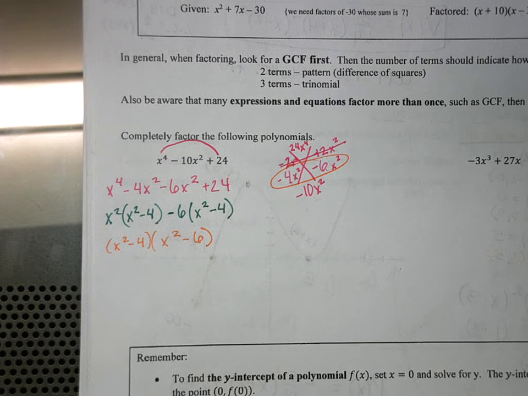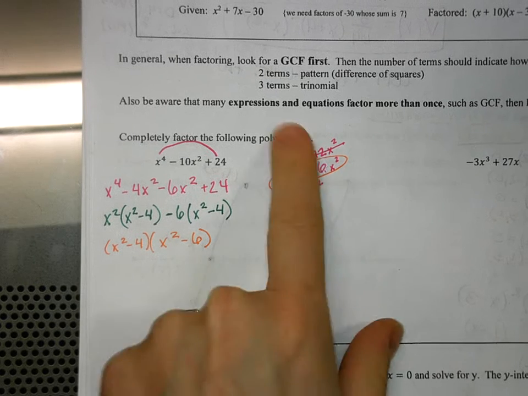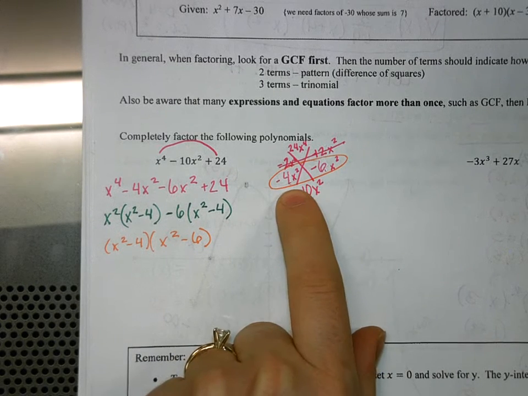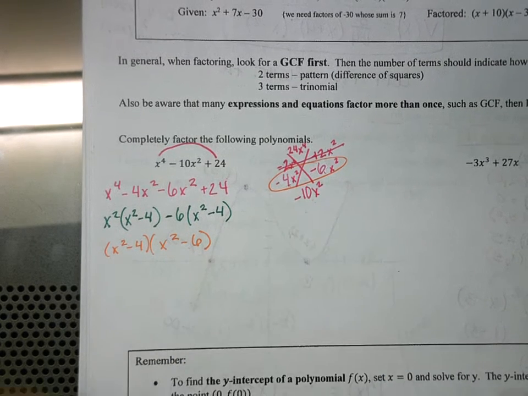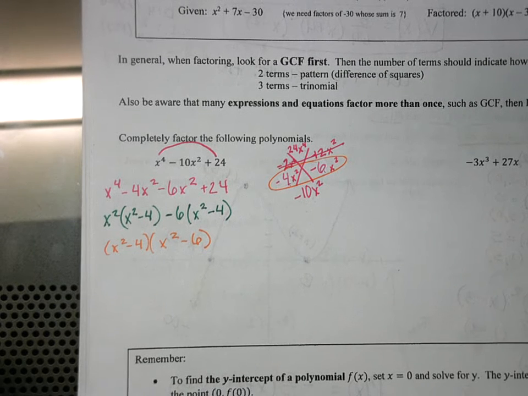How do you know when you're done factoring? Yeah, so if you were to set up your diamond, again, this big X, and you couldn't find anything that worked, then you would be done factoring.